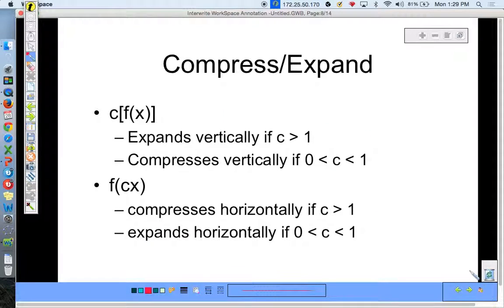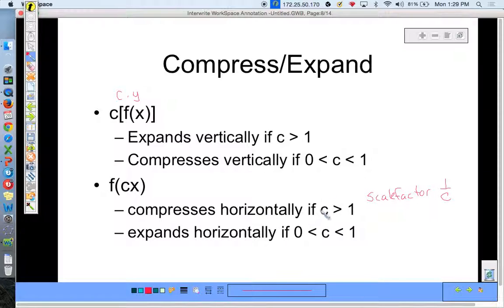And this is the new part, this compression and expansion. So if that number is on the outside, we have like c times y. That's affecting our vertical, expanding if it's greater than 1, compressing if it's less than 1. And we always multiply that y value just by our c. Whereas if it's inside the parentheses, it's horizontal. And this was where our scale factor is 1 over c.